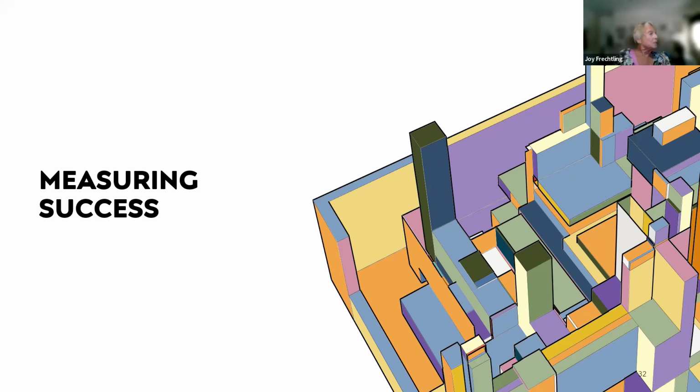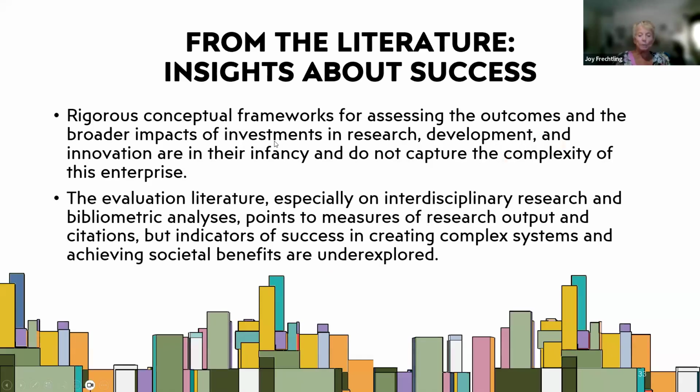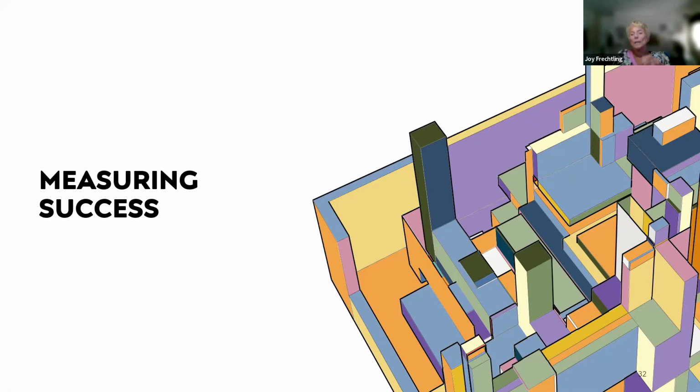Okay. So I want to start with just making a distinction between what Lisa's been talking about with regard to measurement and what I'm talking about. In my mind, what Lisa has been talking about is how do you know if you're doing convergence research?